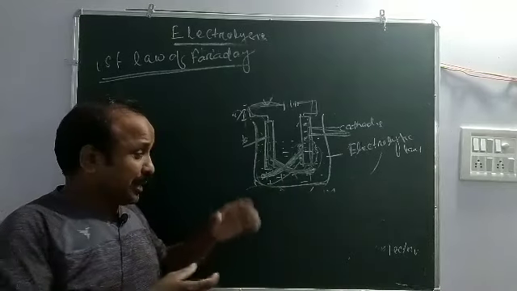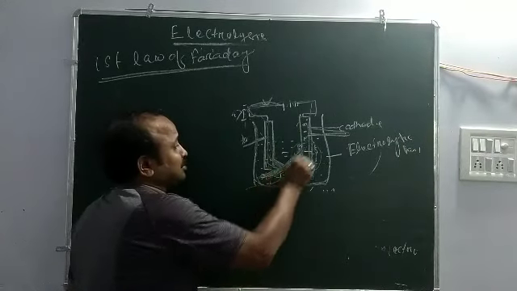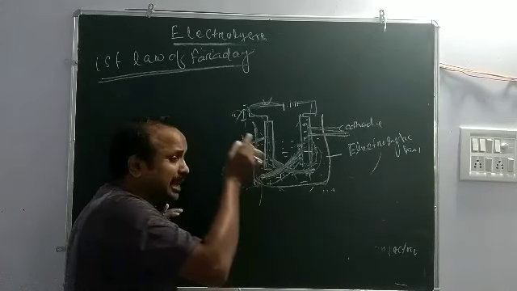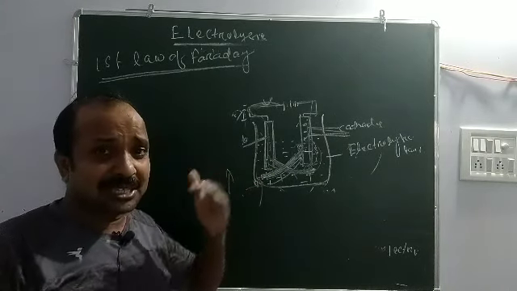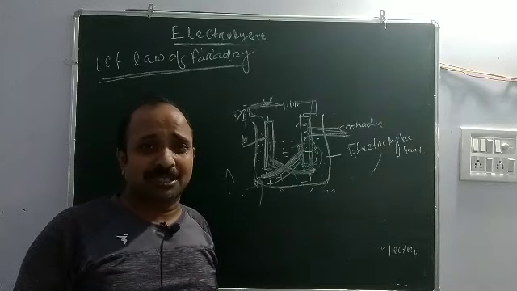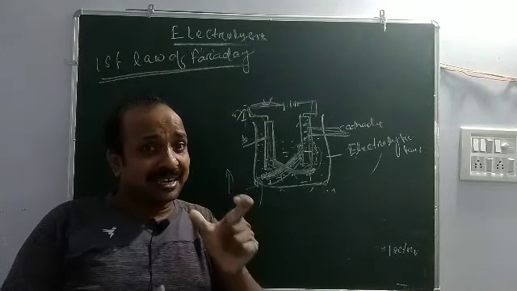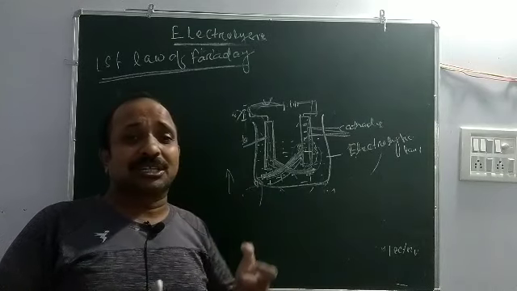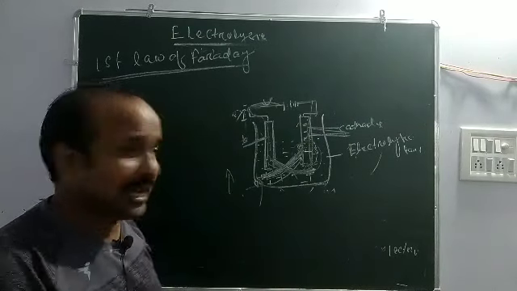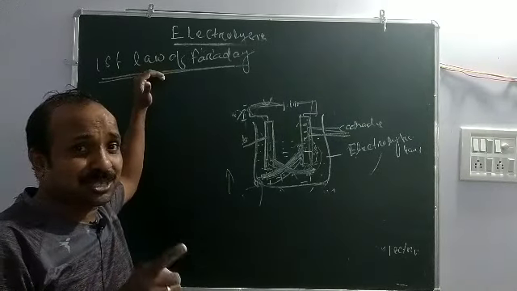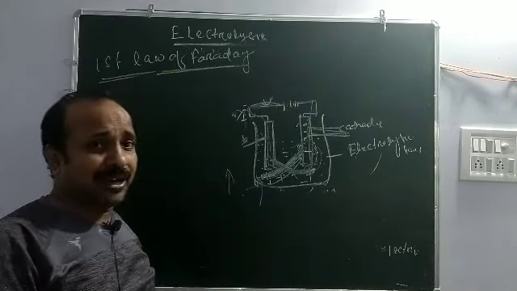When the flow of electricity increases, the substance deposited or liberated increases, so it is directly proportional. A law is nothing but a relationship between two things, like directly proportional or inversely proportional.